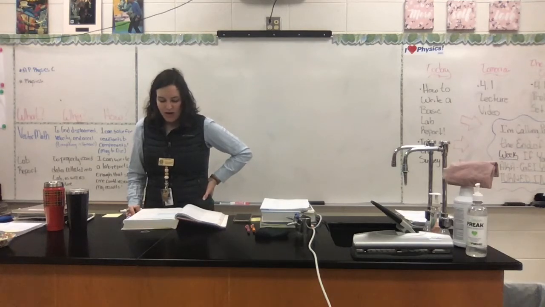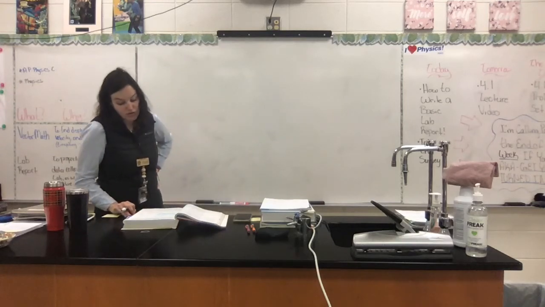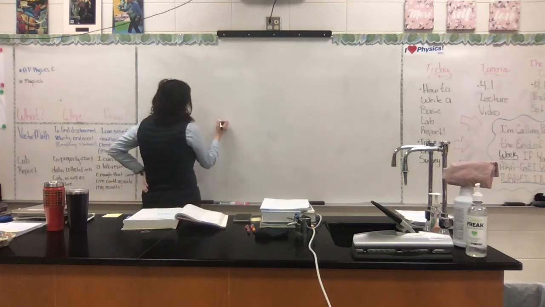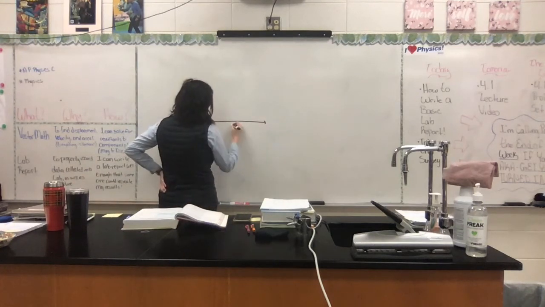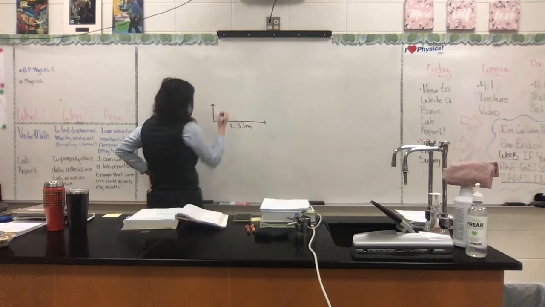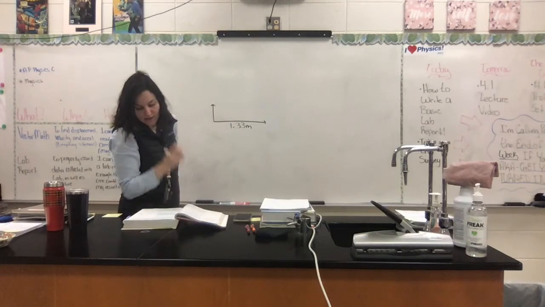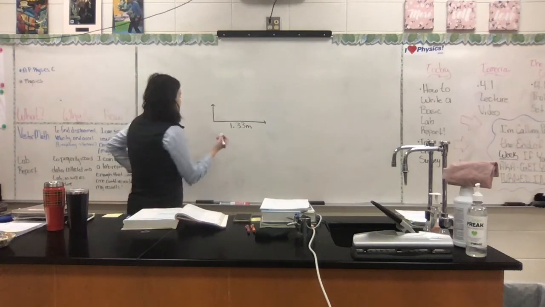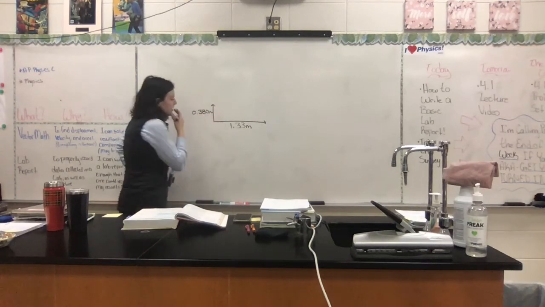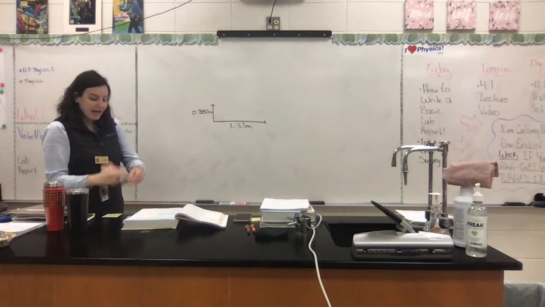What are A, the required length of the ramp, and B, the angle the ramp needs to make with the horizontal? So we have been told that it's going to cover a horizontal distance of 1.33 meters and a vertical distance of 0.380 meters.